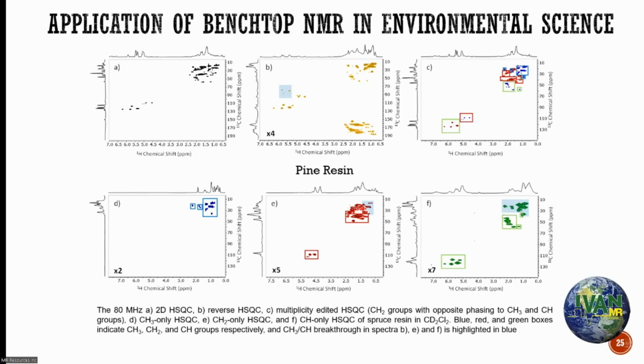So basically, we use as much spectral space as possible to improve the resolution in 2D. And here is the multiplicity edited HSQC, where you can look at different CH, CH2, and CH3 depending on their intensity. And here, what we do also is that we select for CH, CH2, and CH3 systems.